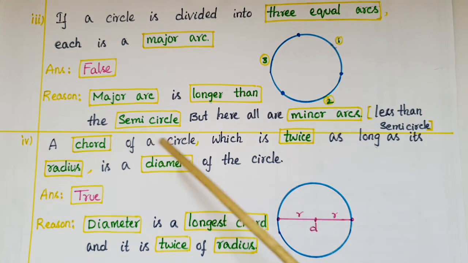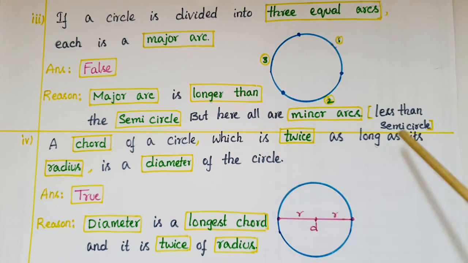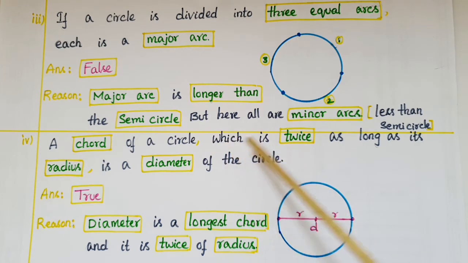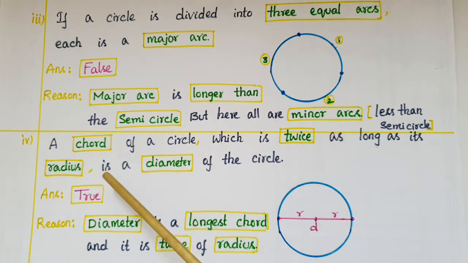Next one is: a chord of a circle which is twice as long as its radius is a diameter of the circle. We know that a chord is a line segment joining any two points on the circle. So if the chord is twice as long as its radius, that means it is a diameter. We know this. So this is true. Diameter is the longest chord and it is twice the radius. This is the reason.